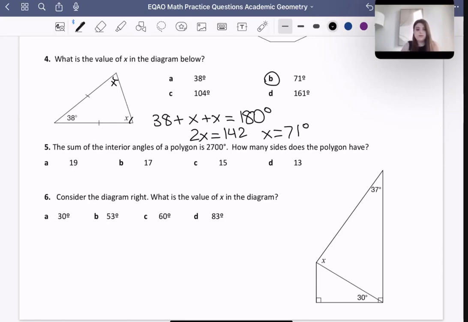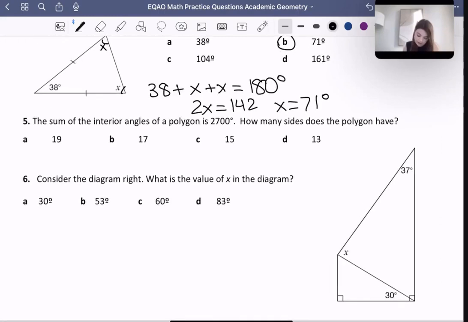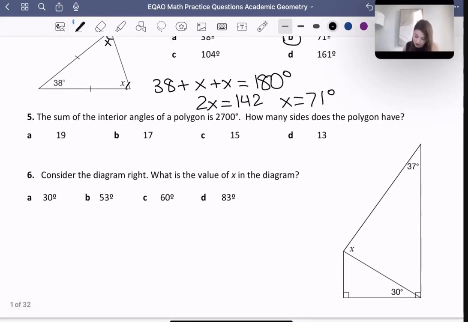Okay, now what about number 5? So number 5, the sum of the interior angles of a polygon is 2,700. How many sides does the polygon have? So remember, the number of sides minus 2 times 180 tells us the sum of all the interior angles in a polygon.